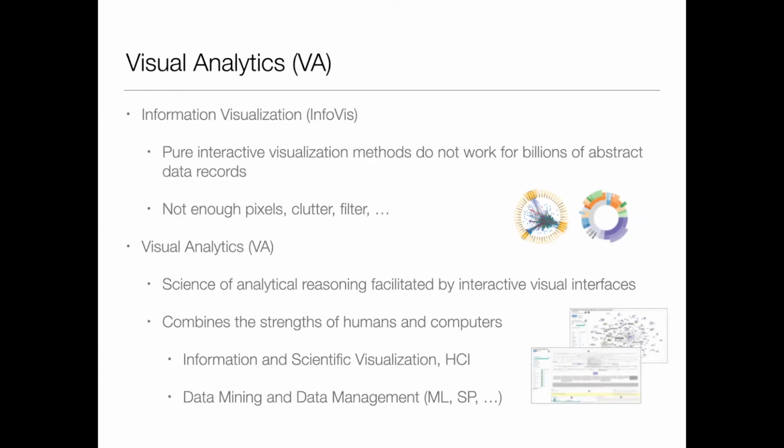Okay. So the idea is that visual analytics combines the strengths of humans and computers, right? Information and scientific visualization, HCI, data mining, and so on. And this part of combining the strengths of humans and computers is very important, especially for you in this course.